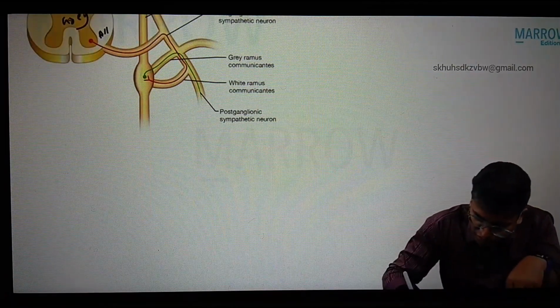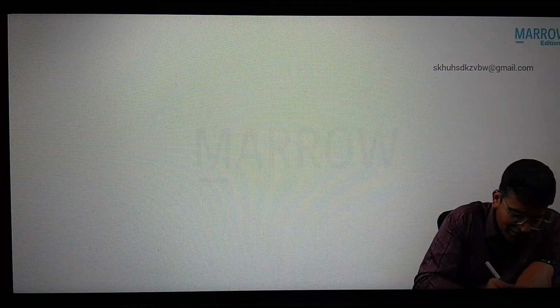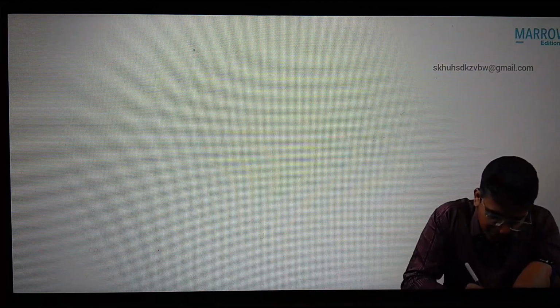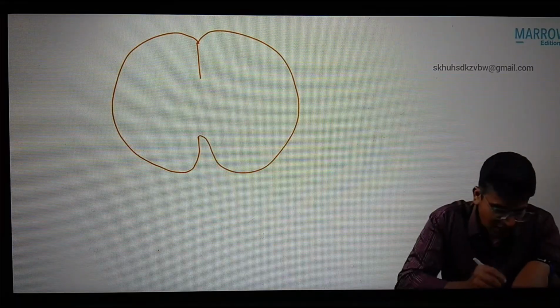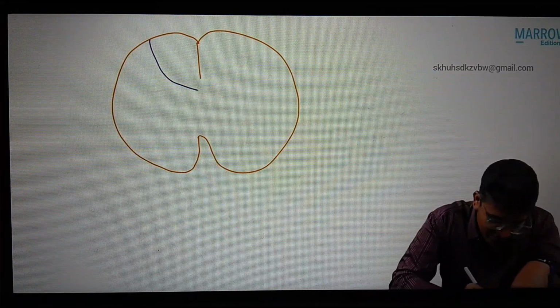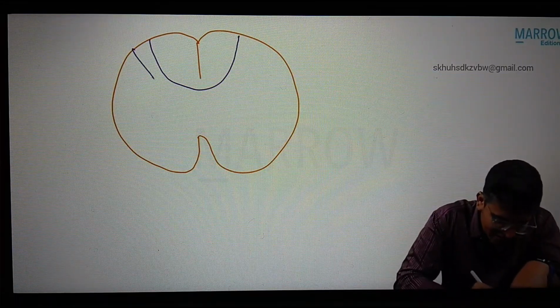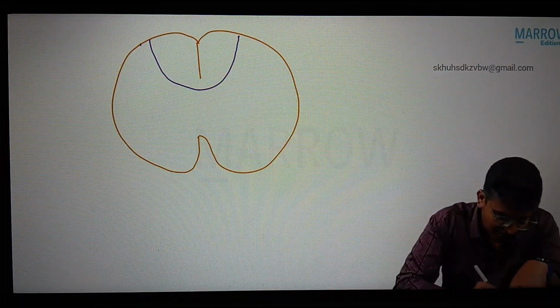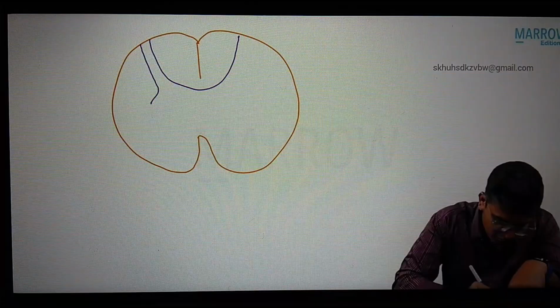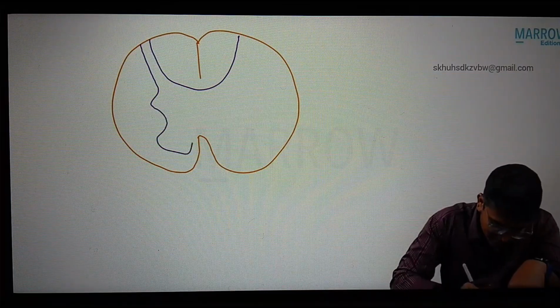Now we draw a basic line diagram. This is our spinal cord, cut section of the spinal cord, and this is the gray matter. Gray matter is H-shaped or butterfly shaped. We also have the lateral horn.